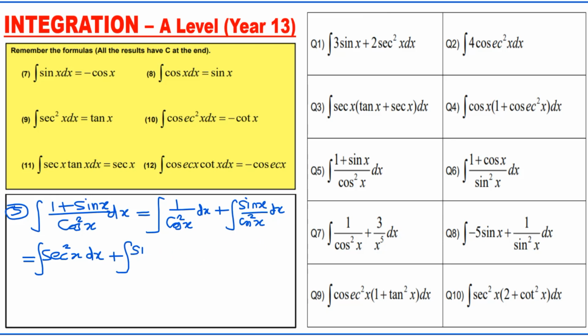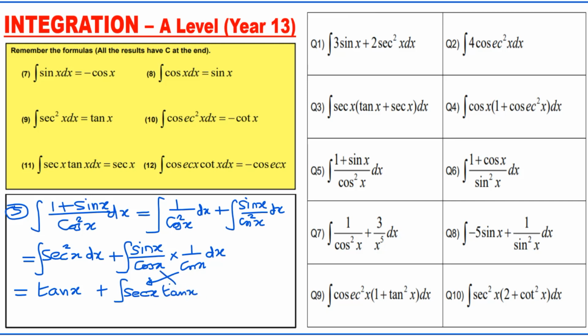So you need to separate them, sine x over cos x times 1 over cos x dx. Now the answer, ready-made formula available for sec squared, which is tan x, plus this one integrating sine x over cos x, sine x over cos x is tan x, and 1 over cos x we can write as sec x tan x.